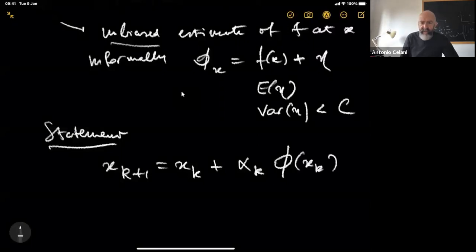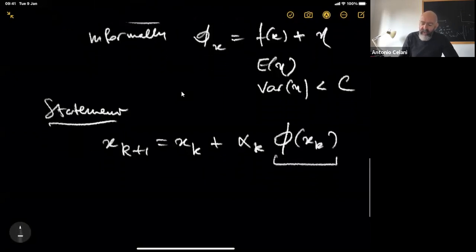This means the random estimate of my function f at the point x. This is what the oracle, that is myself or the environment, will return to you if you ask for it. So you see that I've inserted, and this is the key ingredient, a dependence on the time step, or the iteration step, of the learning rate. And we are going to play heavily on this.